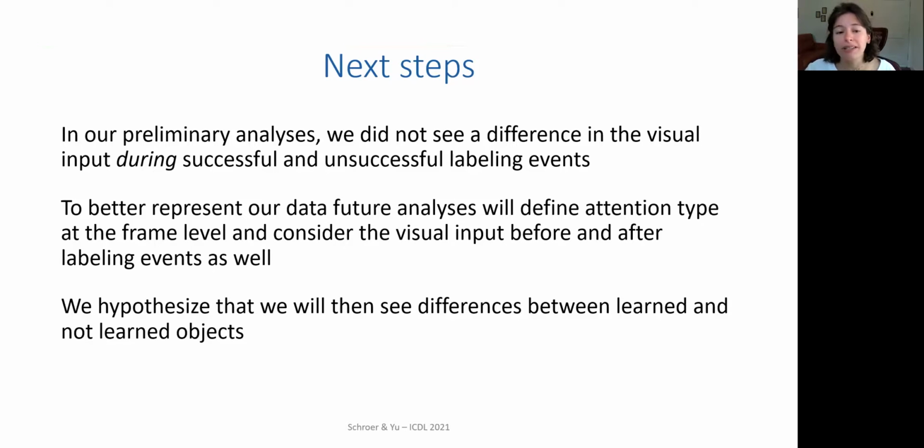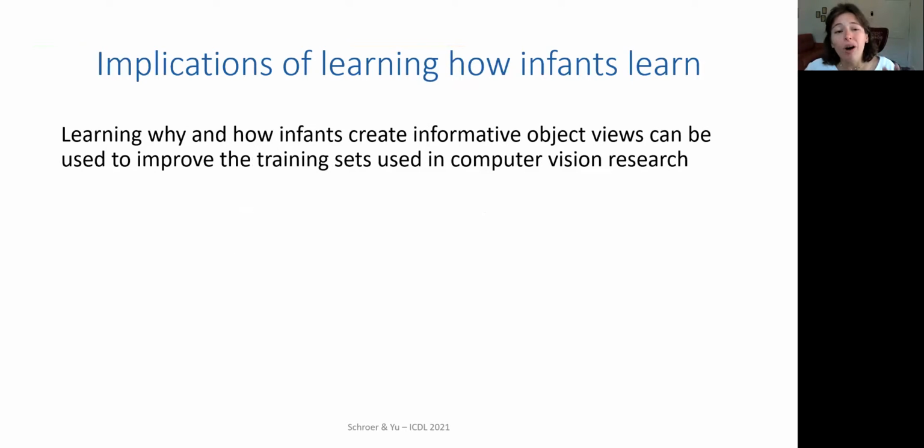So to better represent our data in future analyses, we've begun defining attention type at the frame level instead of the utterance level, and we're also considering the visual input before and after labeling events as well. And with these changes, we expect to see differences between learned and not learned objects. But we also think that learning why and how infants create these informative object views can also be used to improve the training sets used in computer vision research.